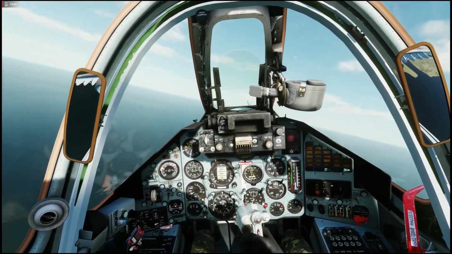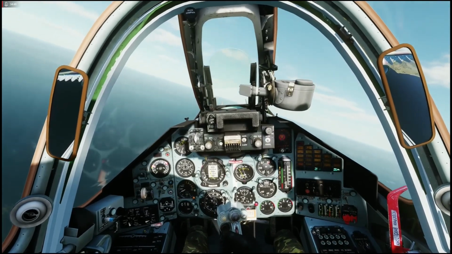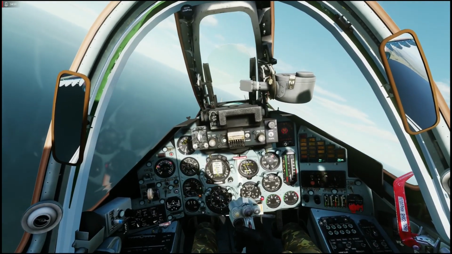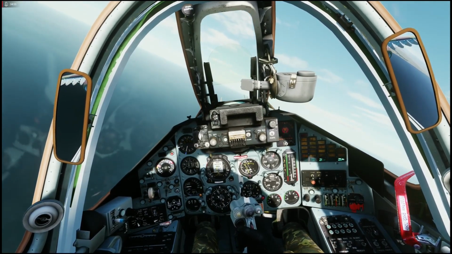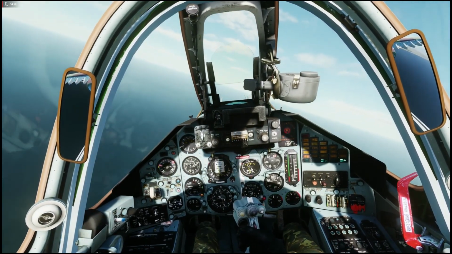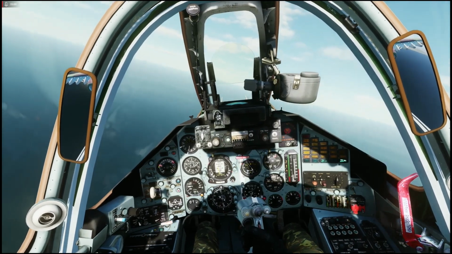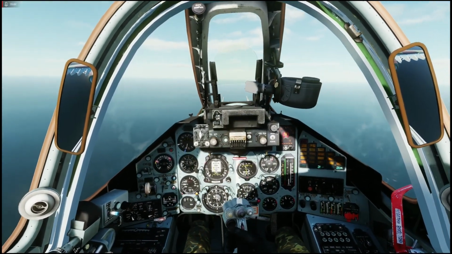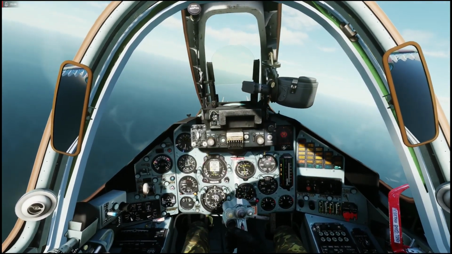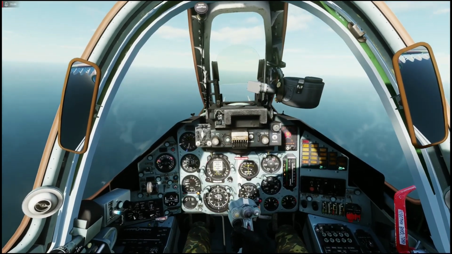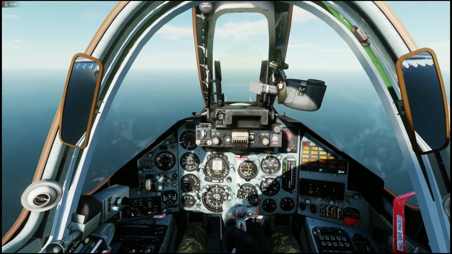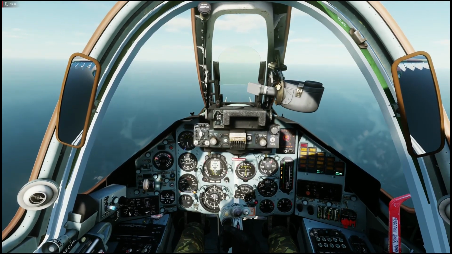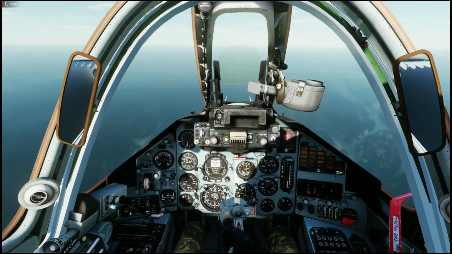See, on the navigation panel all the lights have turned on, but the navigation system is still on. We know that because the range is moving, the HSI is alive, and we have no red bars on the ADI. So we are flying at steer point 4 and we need to descend.